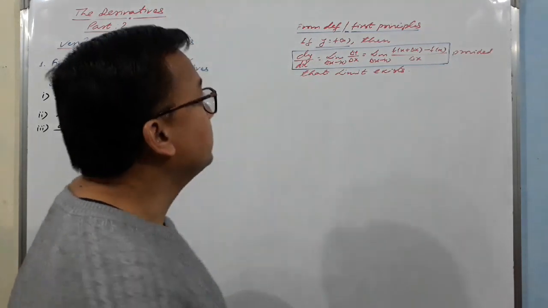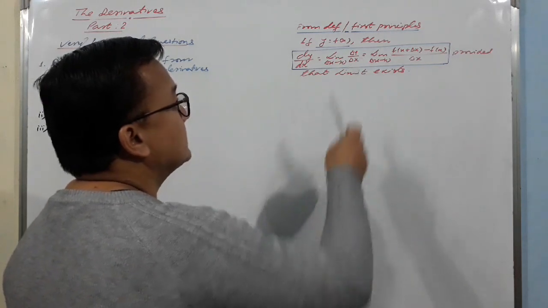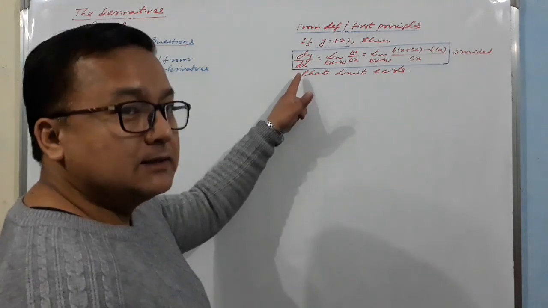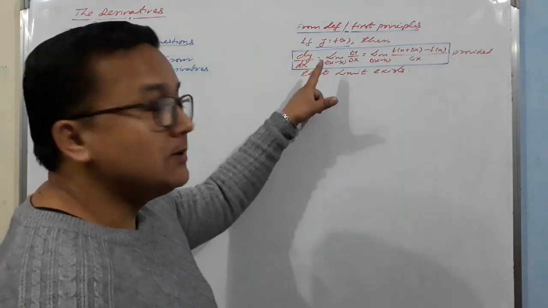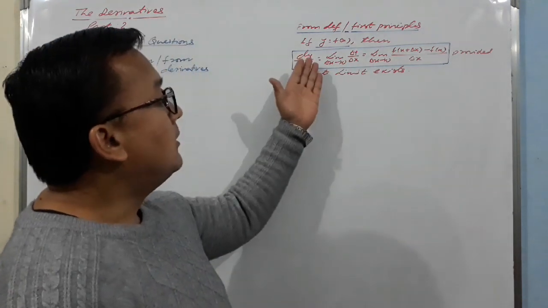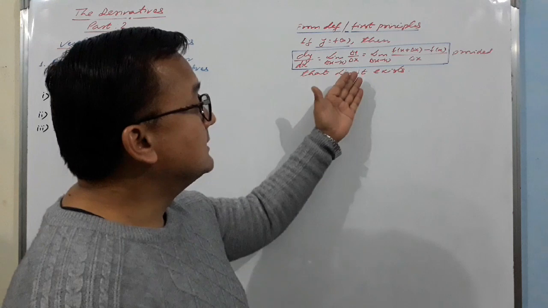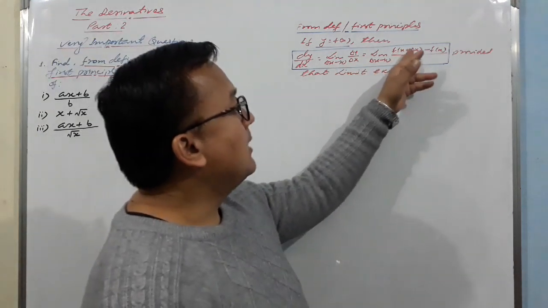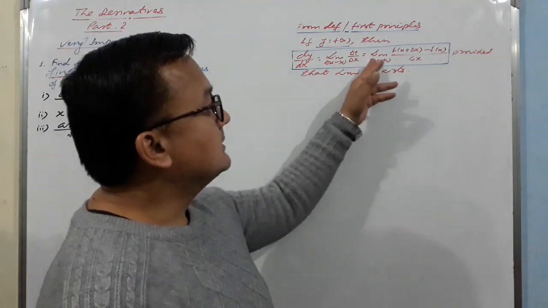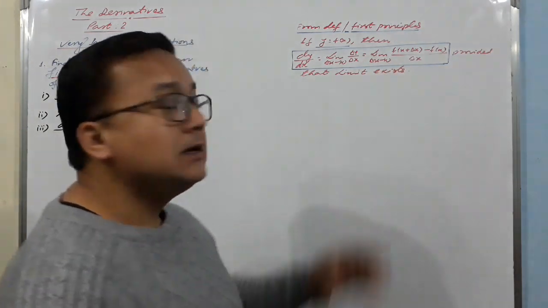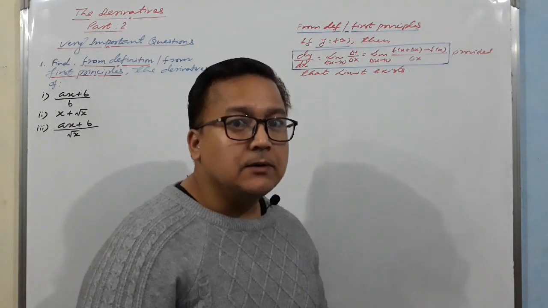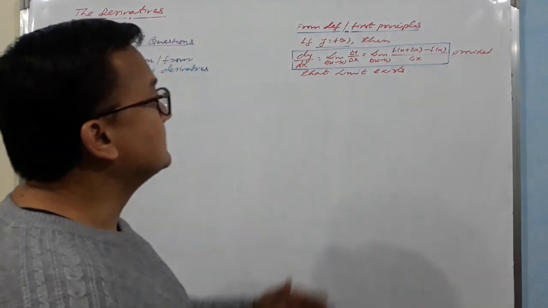In shortcut I've written: if y is equal to f of x, this is a function, then dy by dx, meaning the derivative of y with respect to x, is equal to the limit of delta y by delta x as delta x tends to 0, which is equal to the limit of f of x plus delta x minus f of x over delta x as delta x tends to 0, provided that the limit exists. If this limit does not exist, then the derivative also does not exist.